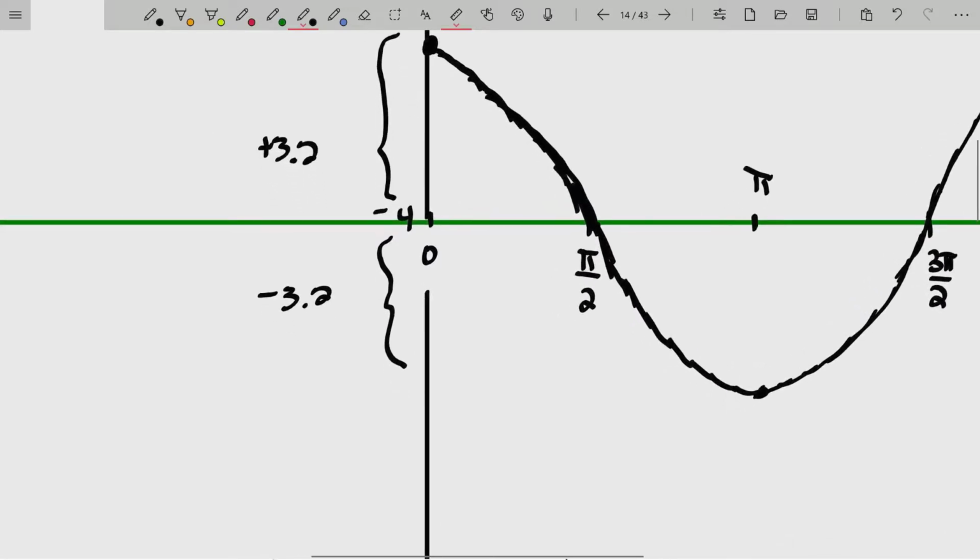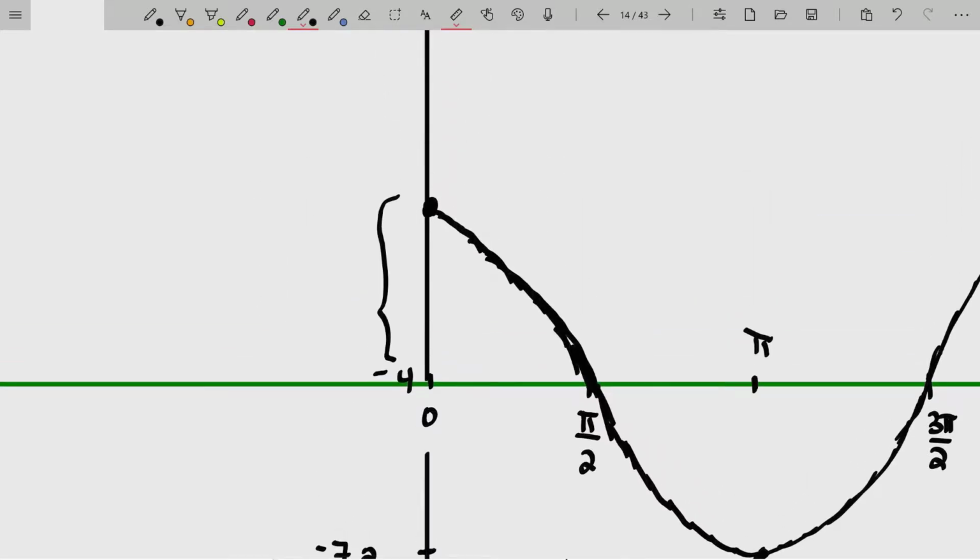Well, let's see. -4 minus 3.2 is -7.2. Sorry, I was just making sure that I had everything written out. So that's a -7.2. You just wiggle up and down by the amplitude. -4 plus 3.2 is going to be a -0.8.